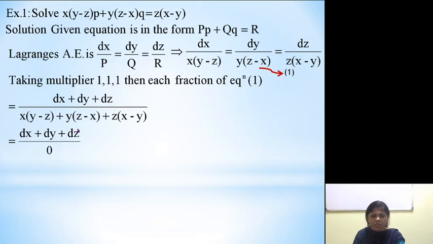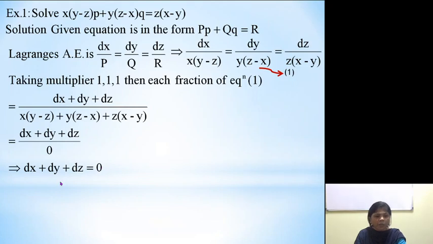If you check this in rough, you will find that this comes out to be 0. Therefore, as the denominator is 0, according to the property the numerator also takes the value 0. So we have dx plus dy plus dz equal to 0, right?